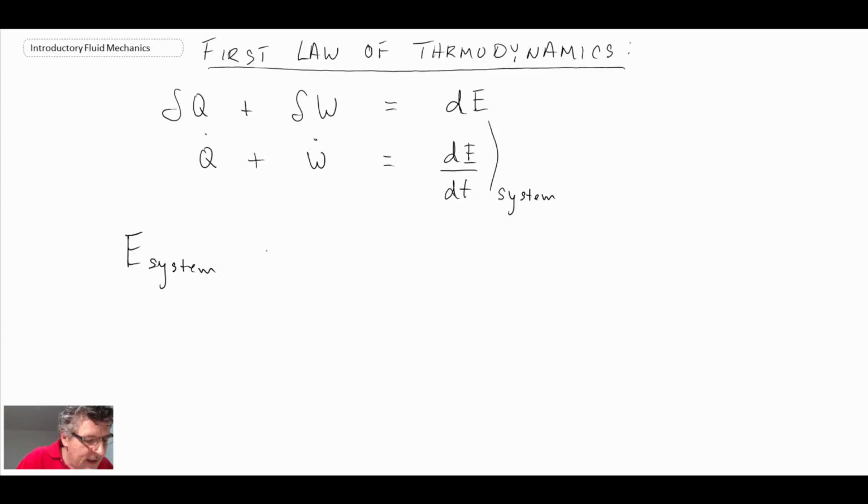And energy can consist of, again, an integral of either the mass, in which case little e is energy per unit mass, or it can be a volume integral.